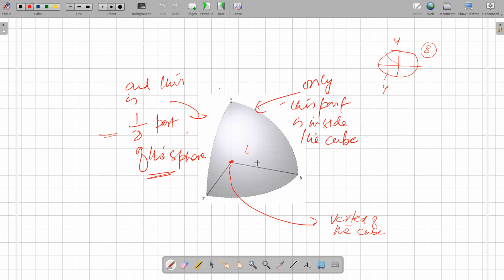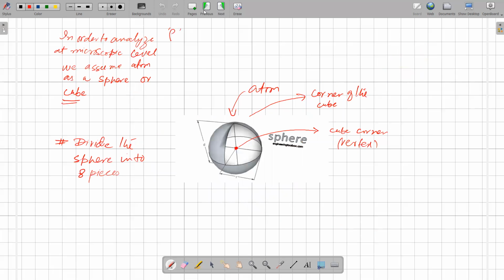If only this part is inside the cube, we need to consider only this part as mass, and we should ignore all the other remaining parts of the atom. So according to this, we are going to solve the question.